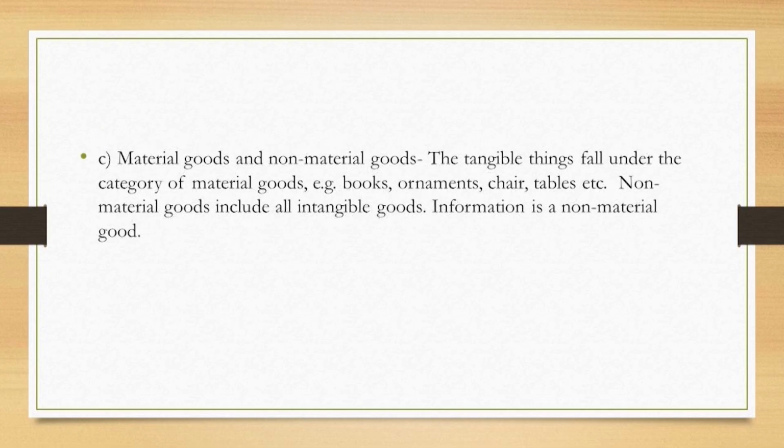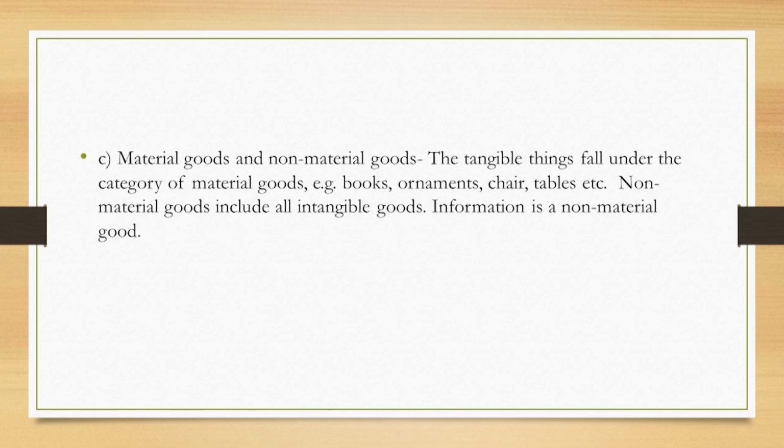The third category is material goods and non material goods. The tangible things fall under the category of material goods, that is, books, ornaments, chairs, tables, etc., which you can feel, which you can hold, which you can count. These are all material goods. But non material goods include all intangible goods, that is, abstract things.